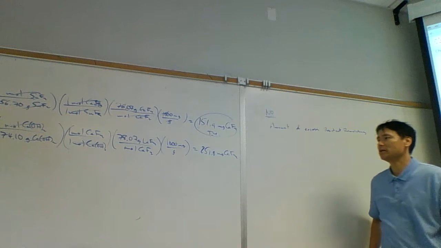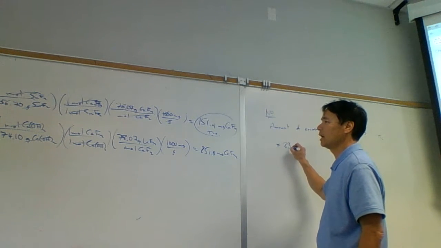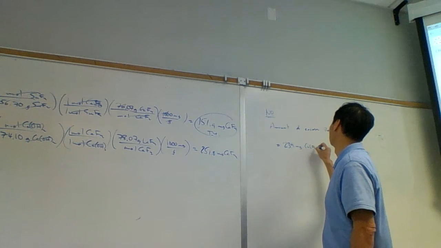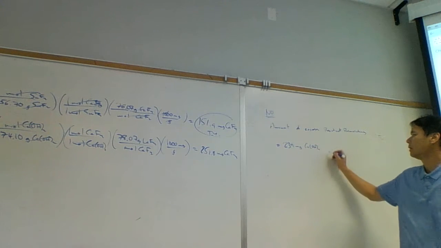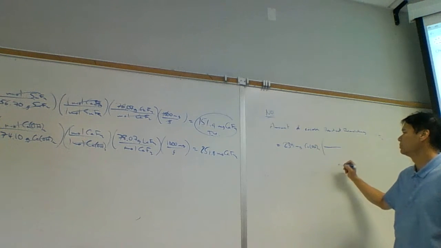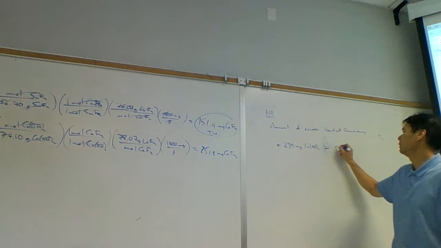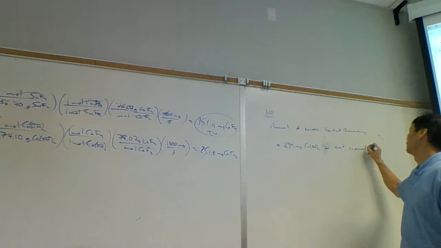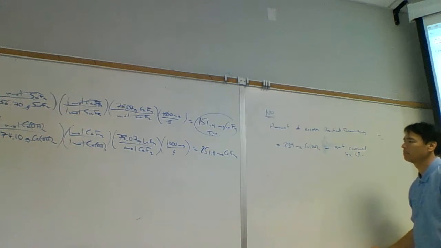And so the amount of excess reactant remaining is equal to 239 milligrams of calcium hydroxide, minus the amount consumed by the LR, limiting reagent.